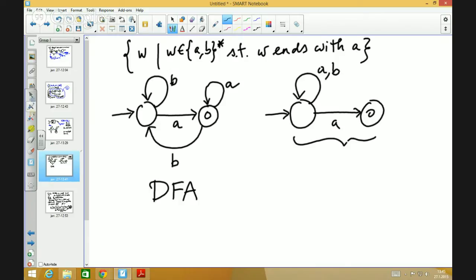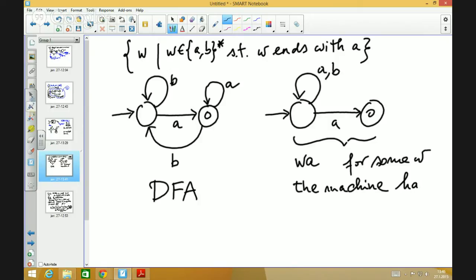Because when you feed it with a string of the form W followed by A for some W, let me answer this question in a second. I repeat the question, and the machine has a way of processing it correctly.